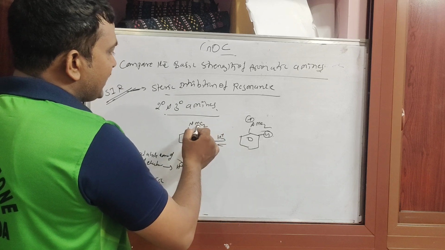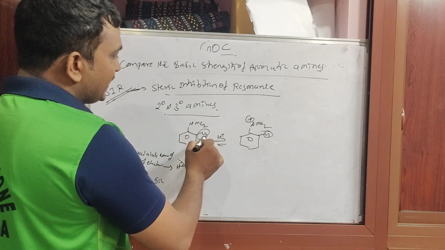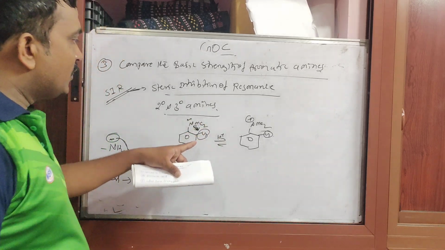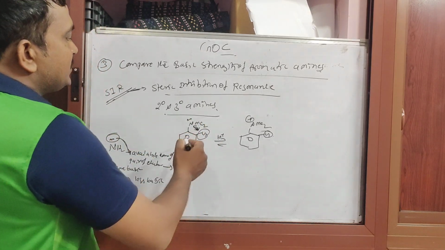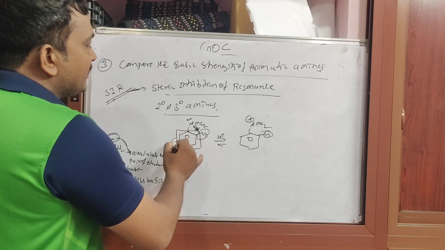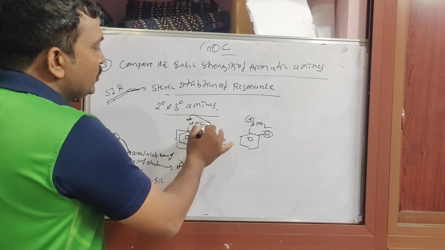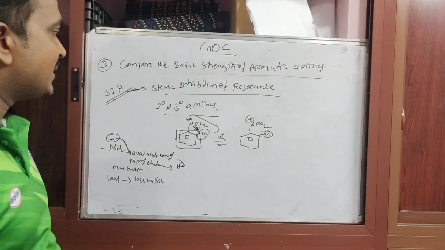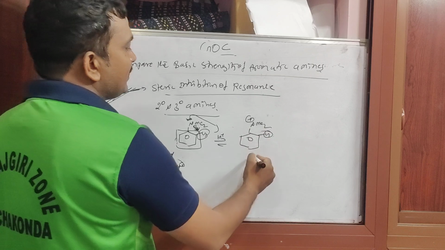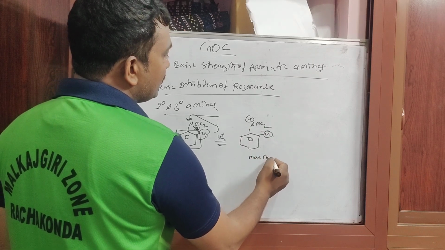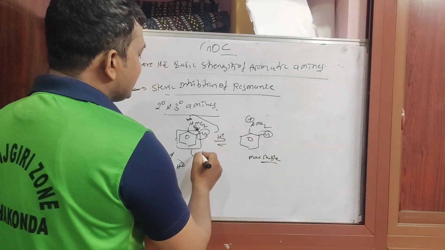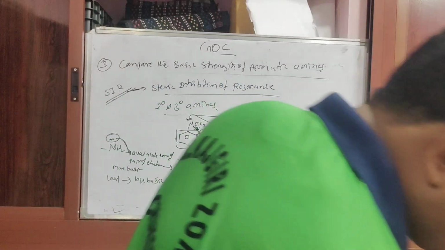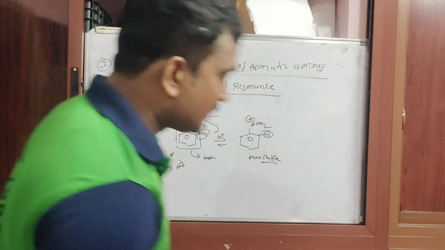In case of dimethylamine, due to this bulky group, due to bulkiness, this will change the plane. The lone pair is easily available to attract H plus ions. It will form a more stable ion. That's why the basicity is more.